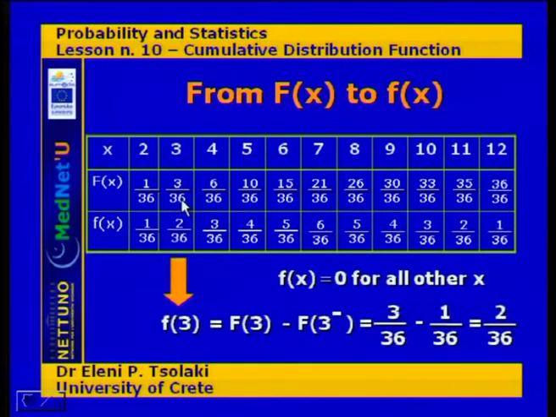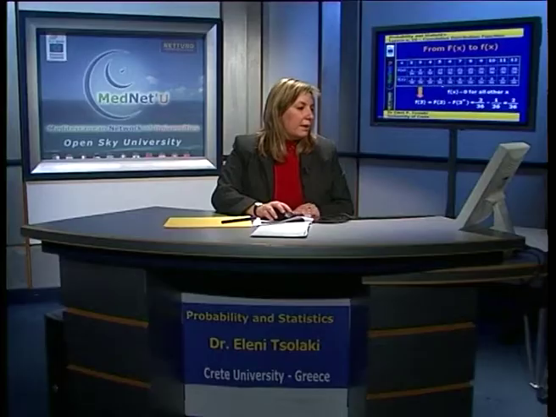Just before 3 it was 1 over 36. We said that the cumulative distribution function remains 1 over 36 from point 2 up to, but not including, point 3. So we calculate that f of 3 is 2 over 36. And in this way, we can fill in our table.